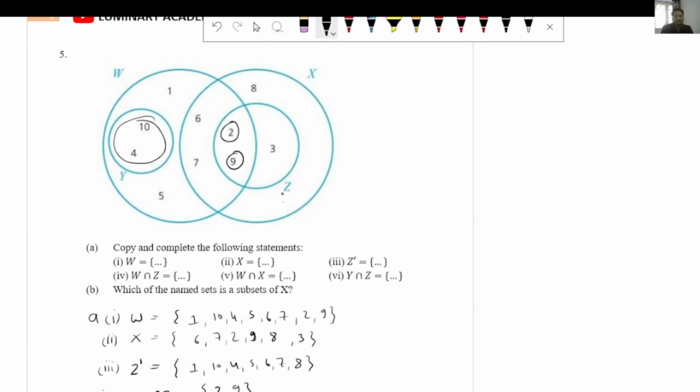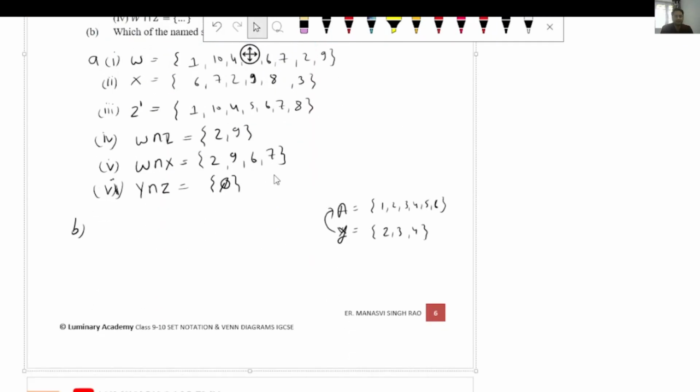So z is a subset of x, obviously, because x has the elements 8, 6, 7, 2, 9, 3, and z includes elements which are already present in x. So that's why z is a subset of x.